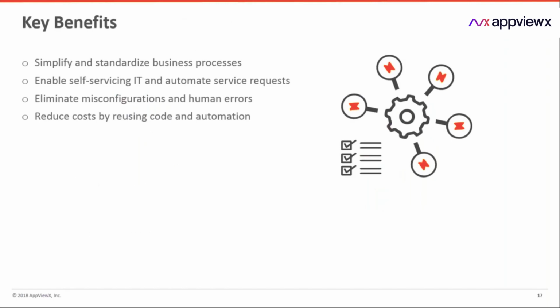And one of the key things that the visual workflow tool helps you with is simplifying and standardizing your business process. It enables better self-servicing, so that individuals or teams with relatively less network knowledge can actually give the requirements based on which device configurations and service requests can be generated. And one of the primary reasons for anyone to invest in a networking tool is to eliminate a lot of human errors and the outages because of that.